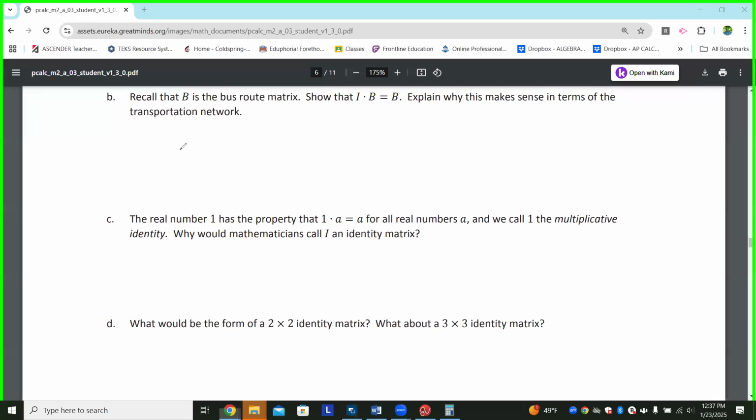So if I take my I, which is 1 0 0 0, 0 1 0 0, 0 0 1 0, 0 0 0 1, and then take my bus matrix, which I don't remember, 1 3 1 0, 2 0 2 2, 2 1 0 1, 0 2 1 0.